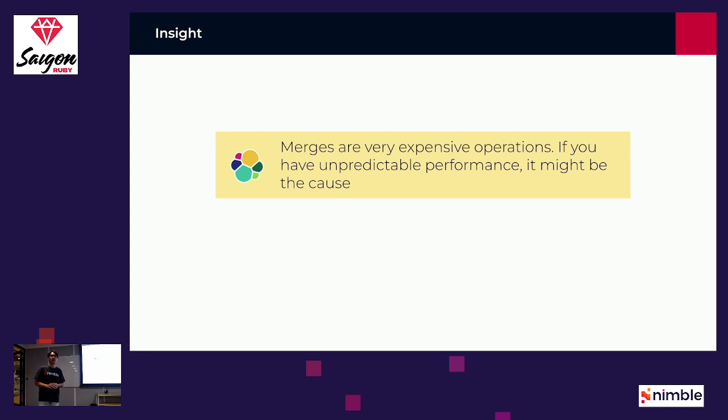Because imagine if you merge two gigantic segments, you can end up rewriting the whole thing into a new one. It's like having two giant bottles of water and pouring them into a new one.